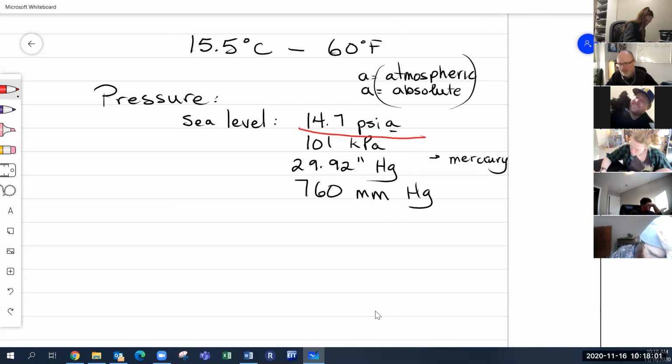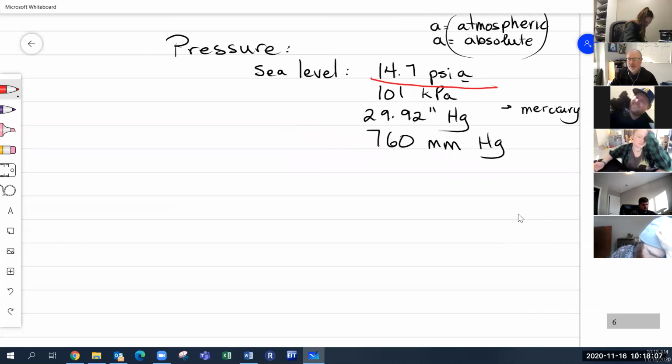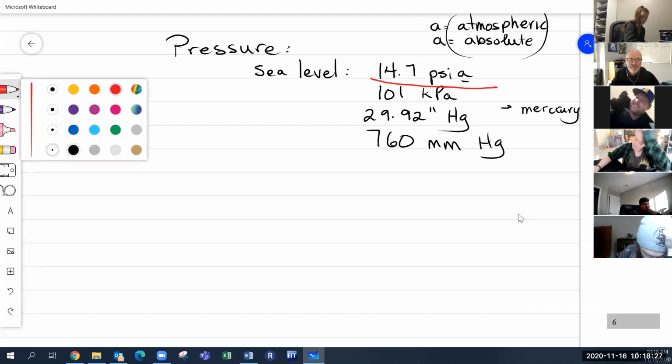That is the weight of the air at sea level. So when I'm here in Alberta, my golf ball flies farther in Calgary than it does in Vancouver, because the weight of the atmosphere here is less than in Vancouver.